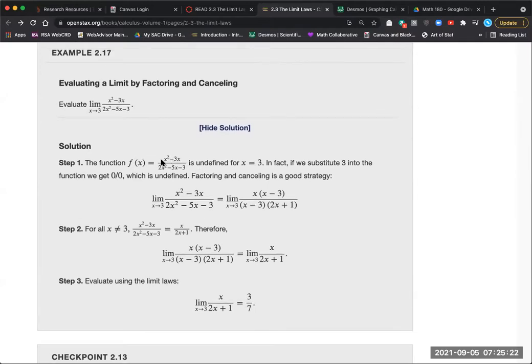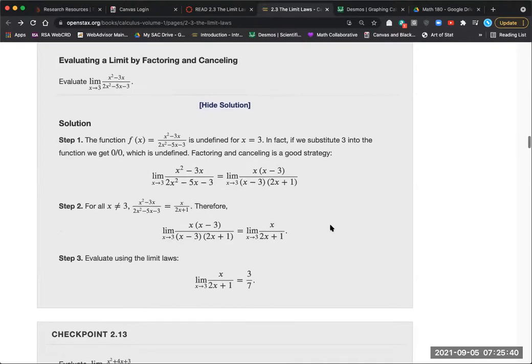If you plug 3 into this, the limit of this function as we approach 3, you end up with 0 over 0, which is that indeterminate form. And so what has to happen is we have to rewrite this, simplify the expression if possible, through factoring, which is normally the technique we use here.